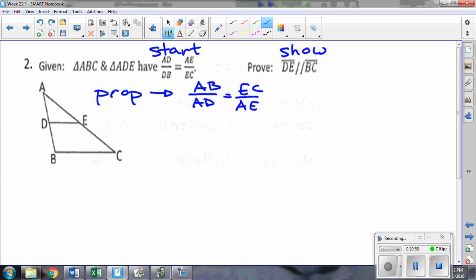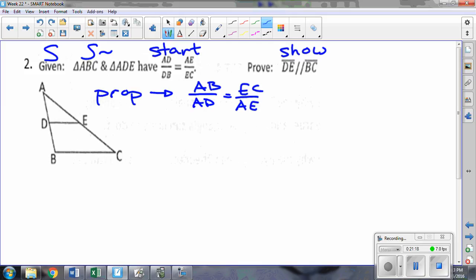With some algebraic manipulation, we're going to work backwards to create this proportion. Well, this piece is telling us that we have two pairs of sides that are similar, because they would have the same scale factor.